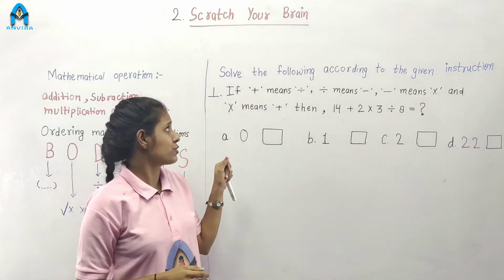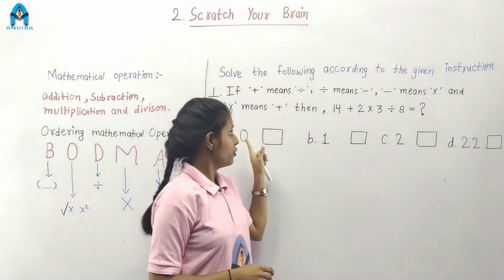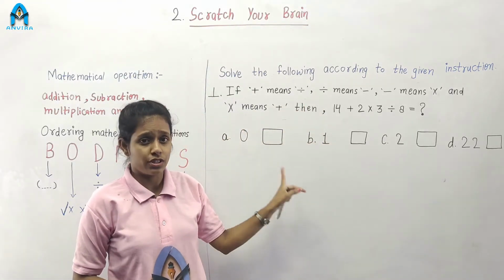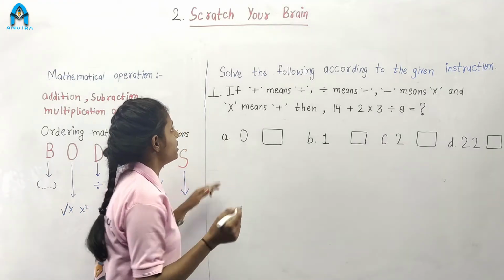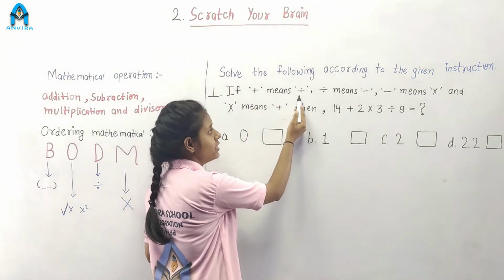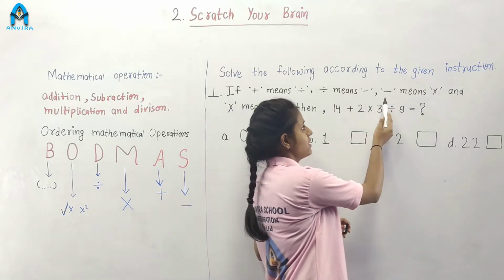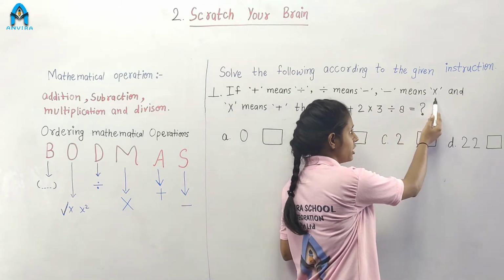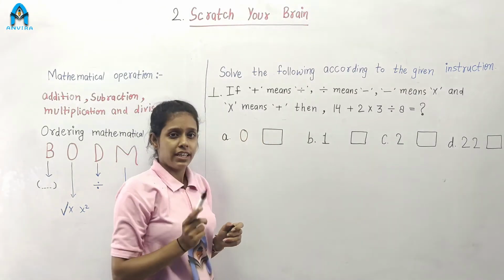Let's solve our first question. Solve the following according to the given instruction. First, read the question. If addition means divide, divide means subtraction, subtraction means multiplication, and multiplication means addition.